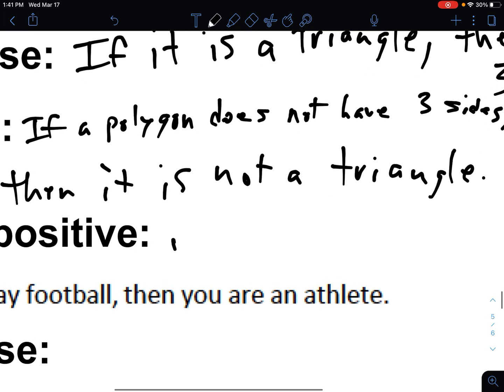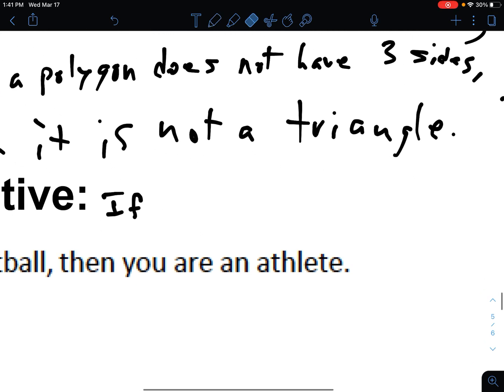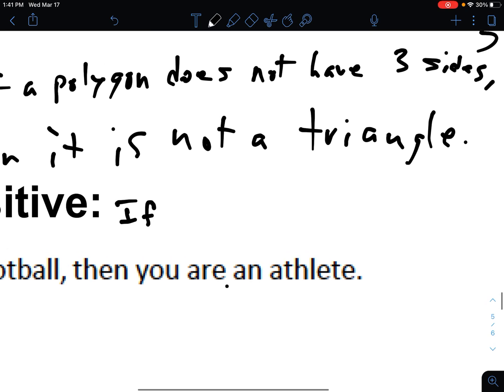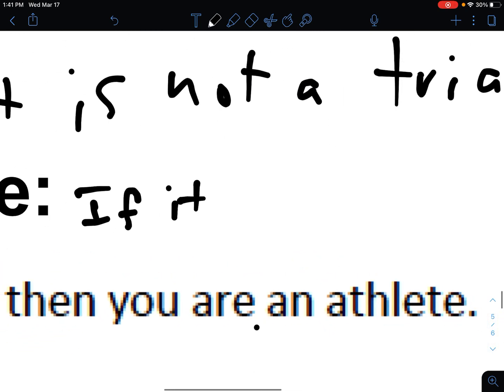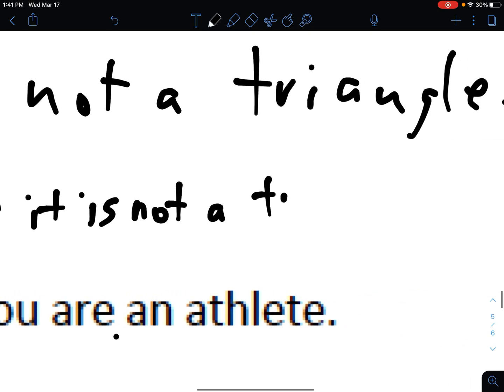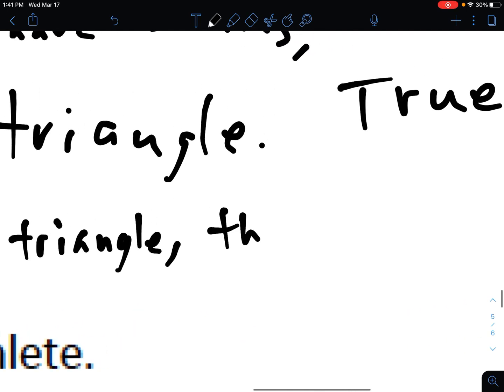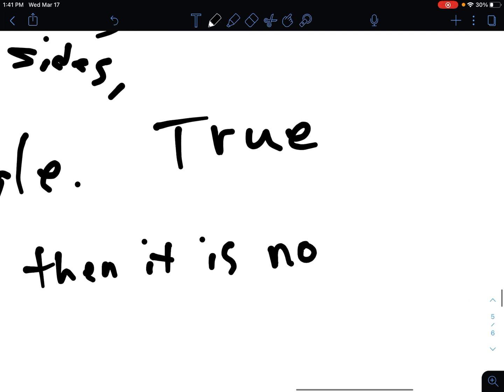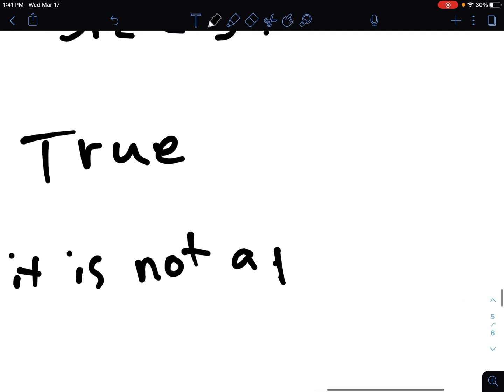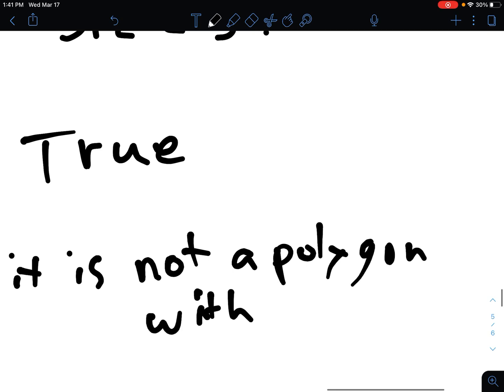So, if it is not a triangle, then it is not a polygon with 3 sides.